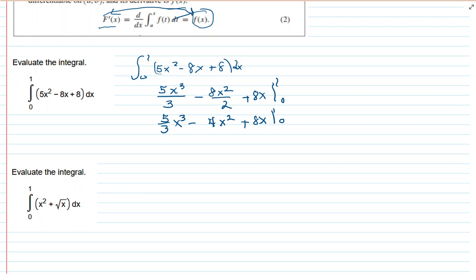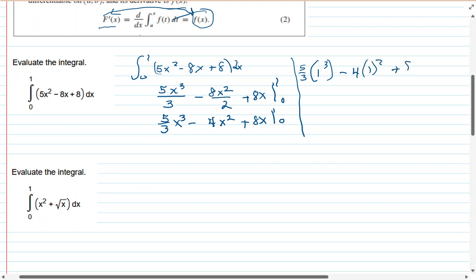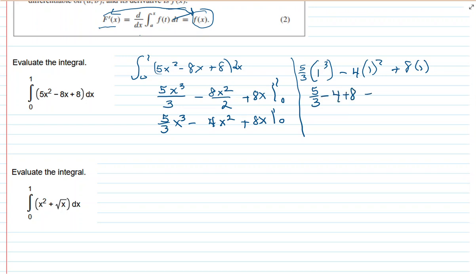All right, so when I do the integration, I'll have 5/3 times 1 cubed minus 4 times 1 squared plus 8 times 1. When I do this math, I'm going to get 5/3 minus 4 plus 8.